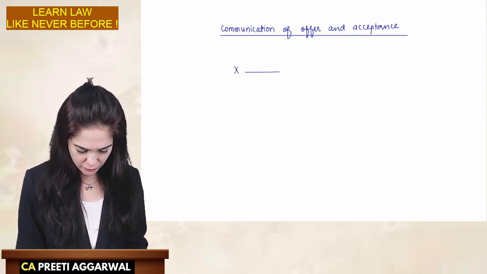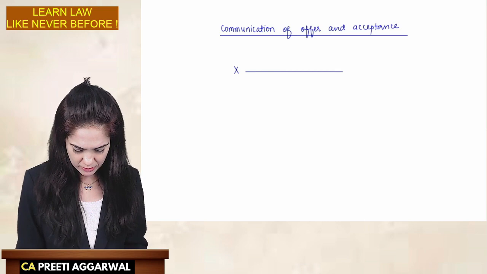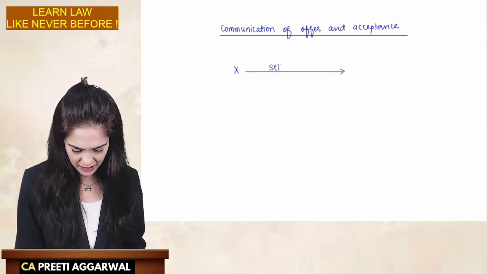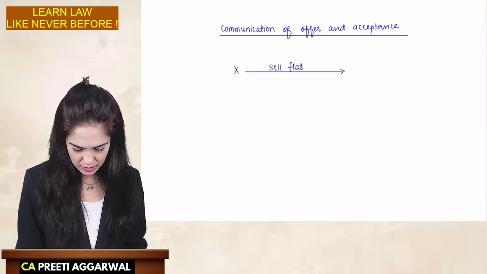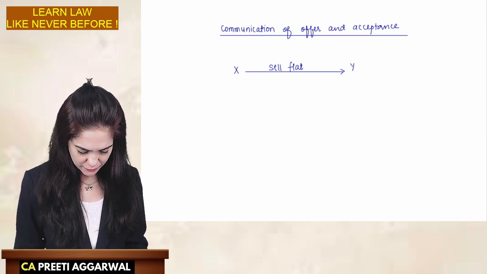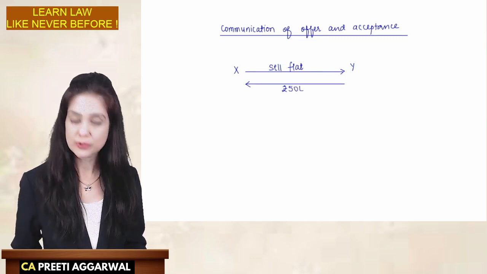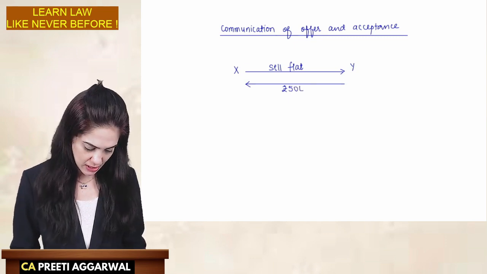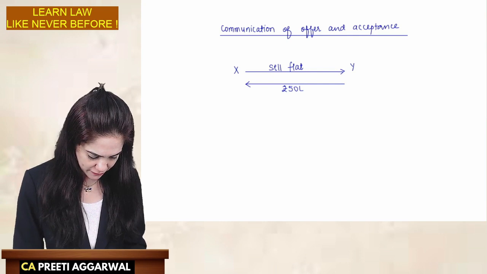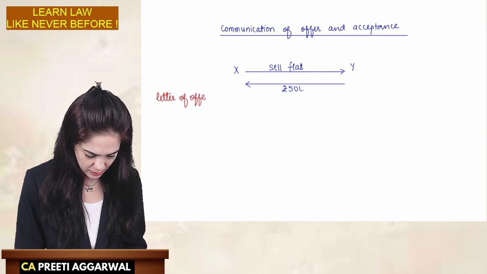X offered to sell his flat to Y for 50 lakh rupees. Okay, X offered to sell his flat to Y for 50 lakhs. He wrote the letter of offer and posted it on 5th of April.